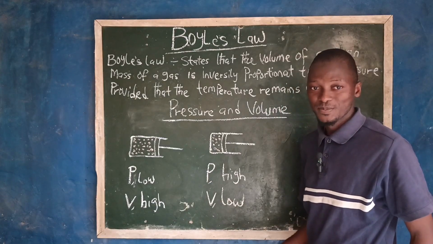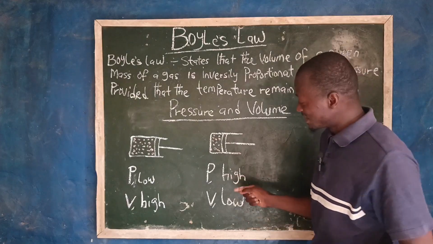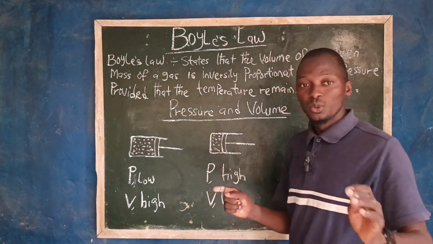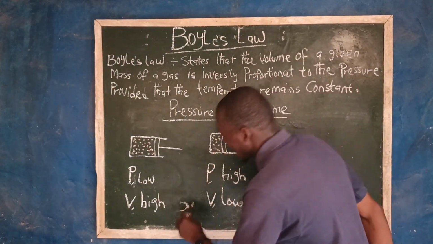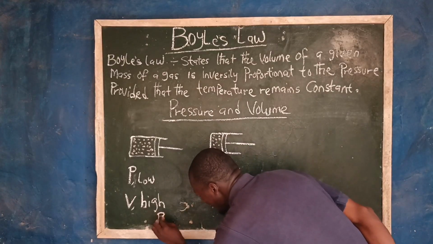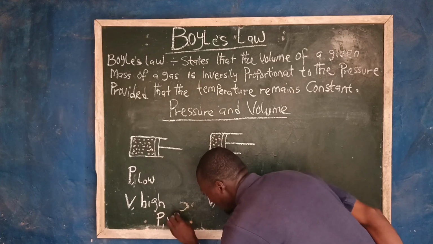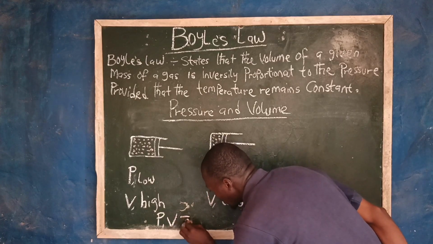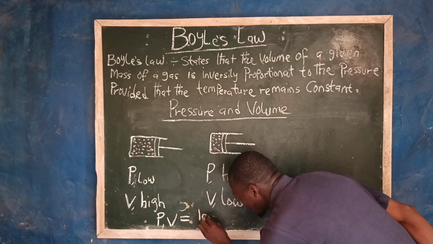You understand? Apart from that, this is the reason why we can say that P times V equals inverse.